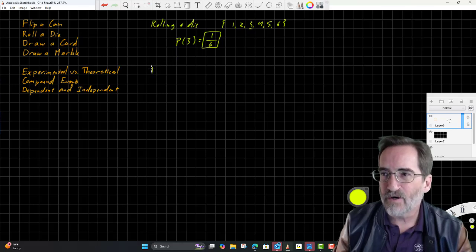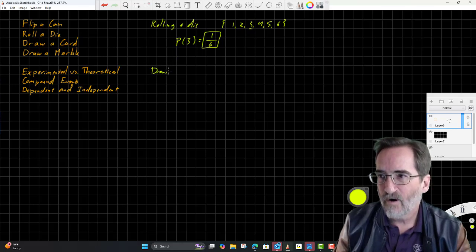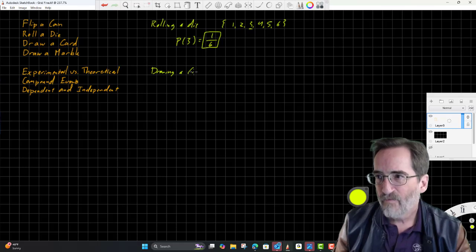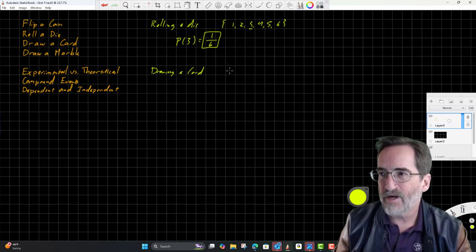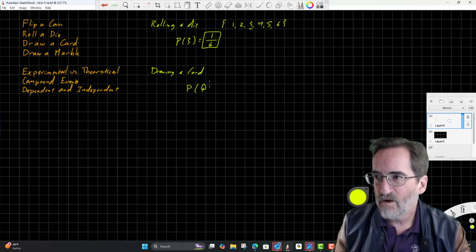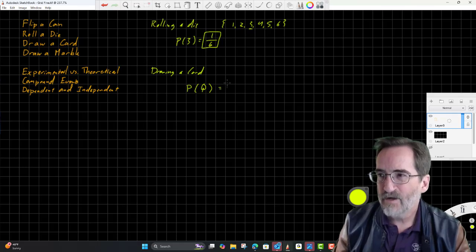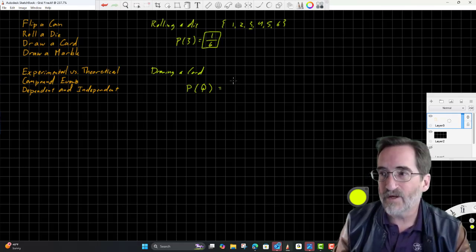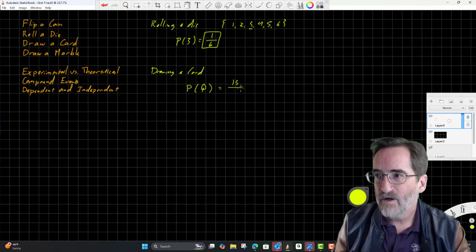Drawing a card. If we use a standard playing deck, what is the probability of getting a spade? Well, there are in a standard playing deck 13 spades, and there are 52 cards.